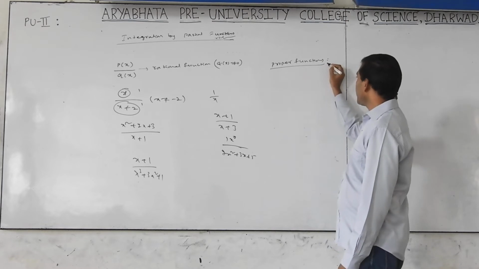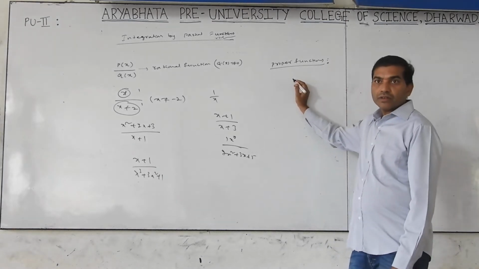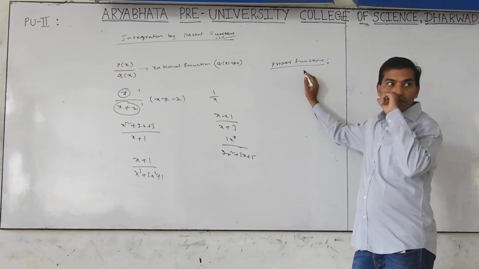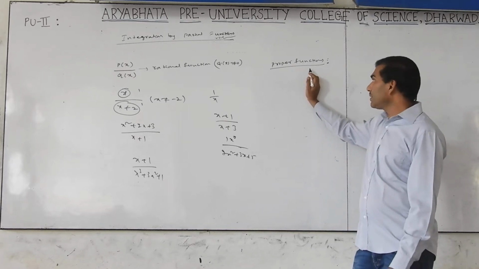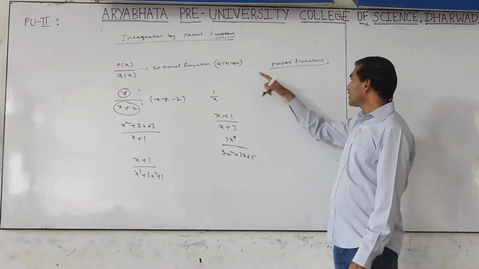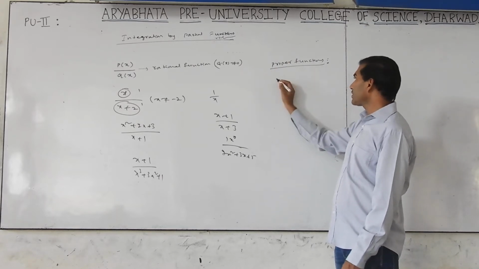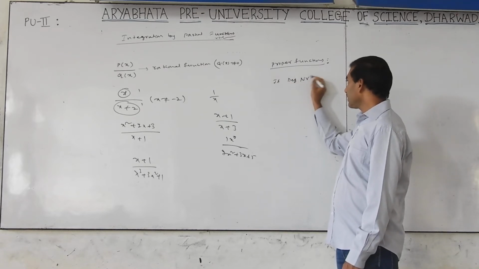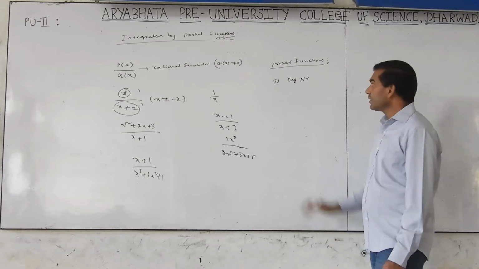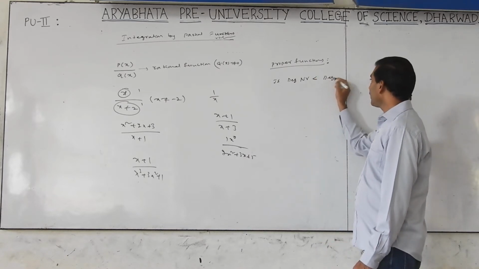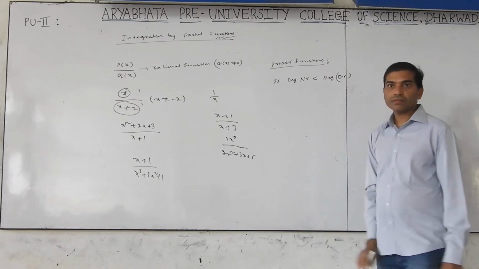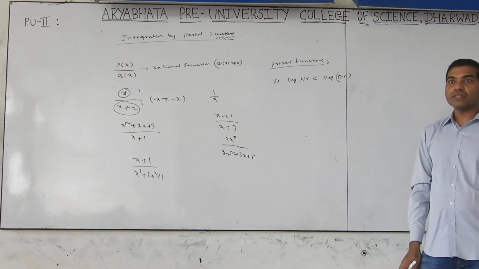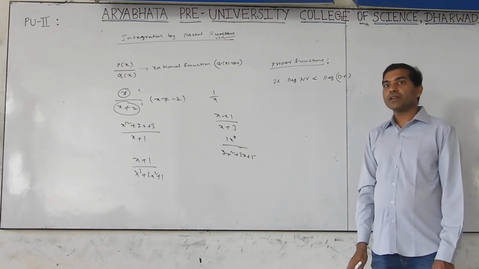Proper function means it satisfies the function rule. Proper fraction means it may not satisfy the function rule. A rational function is said to be a proper function if the degree of the numerator is less than the degree of the denominator.